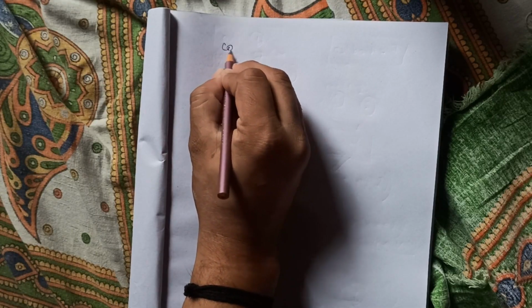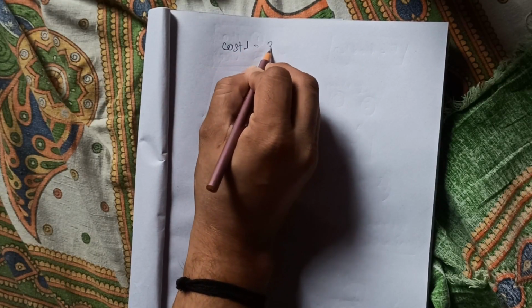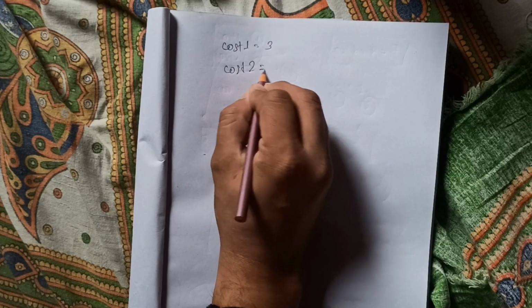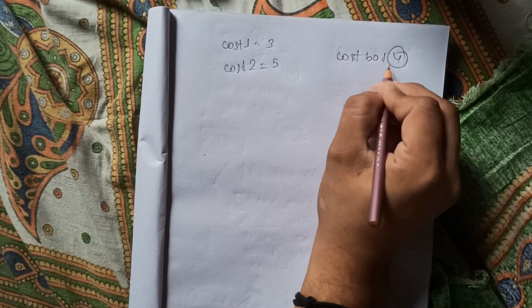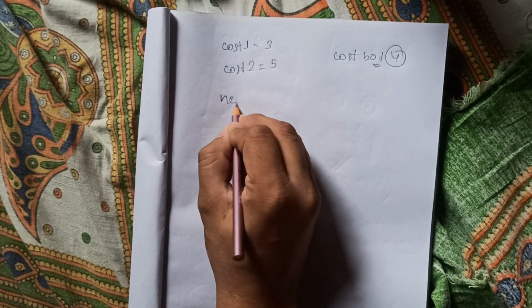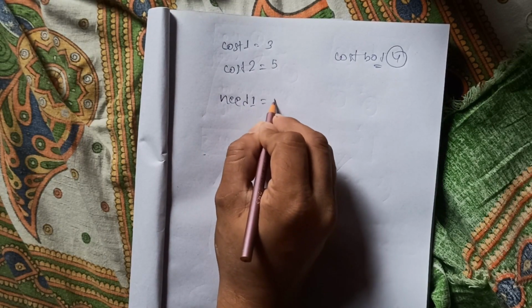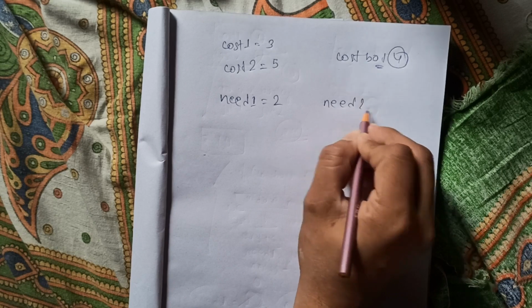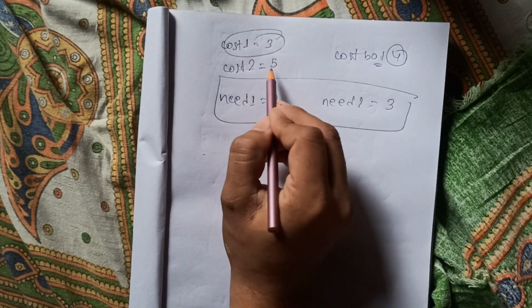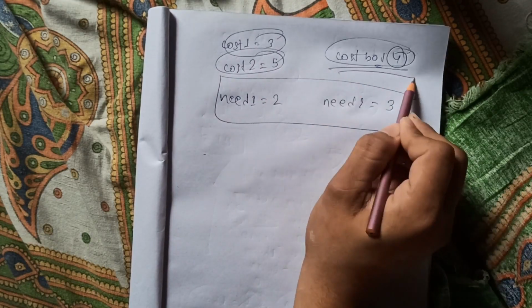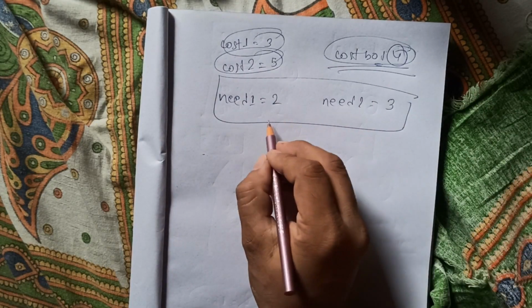So let's say cost 1 was 3, right? Cost 2 was, let's say, 5, and cost of both was, let's say, 4, right? And need 1 was, let's say, 2, and need 2 was, let's say, 3, right? So you will first see cost 1 is 3, cost 2 is 5, and using both is only 4 rupees. So why not reduce both of them?